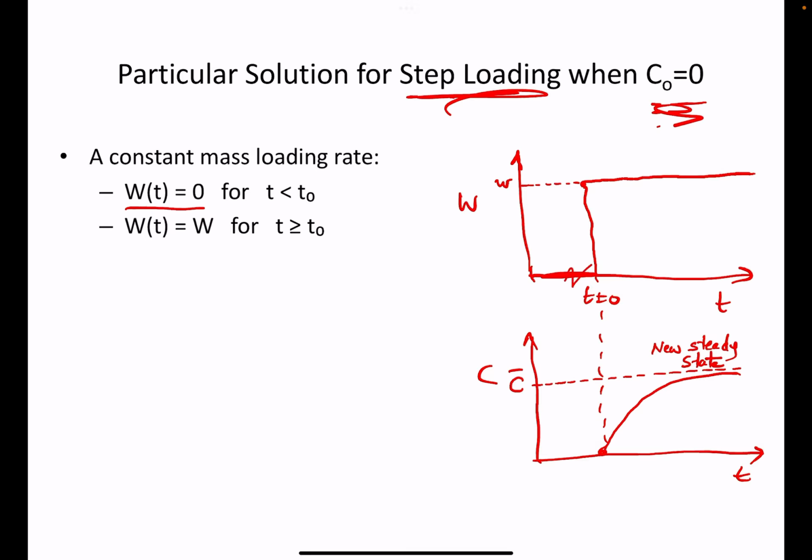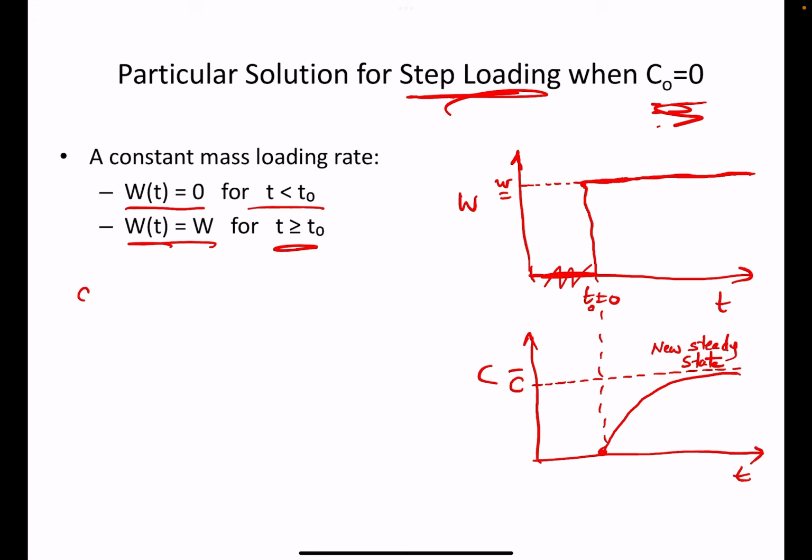So here initially it was 0 at t less than t naught. You could call it t naught or t at 0, whatever way of doing it. And for t higher than t naught, loading is equal to W. So this loading is fixed, constant. That's why we call it step loading.